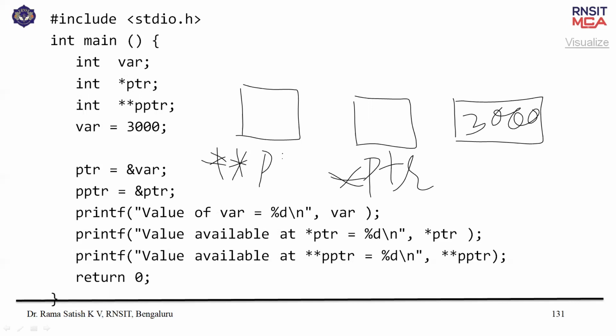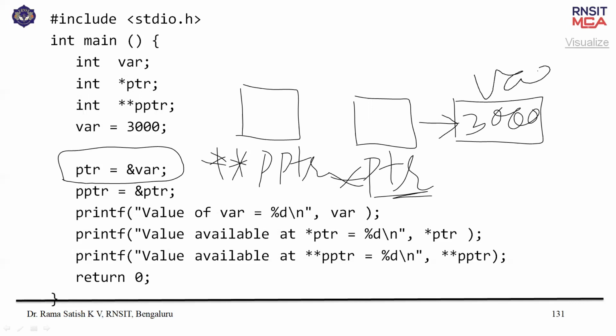Now observe here, PTR is equal to address of var. So you are assigning PTR to the address of the variable, one and the same.